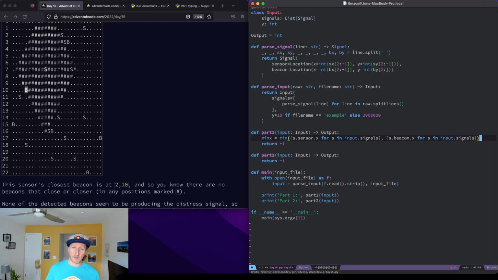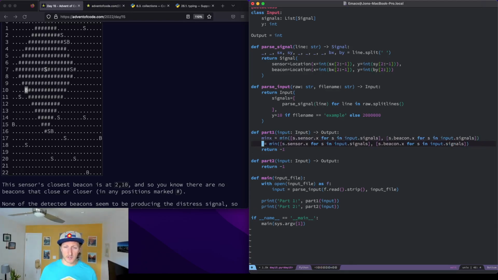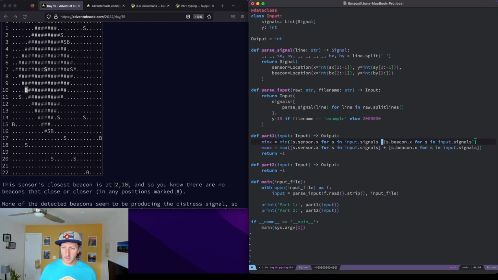We need to get the min x and the max x. That'll determine the boundaries of x, right?